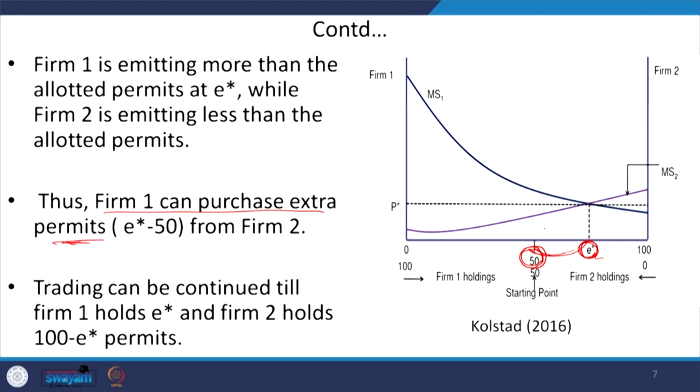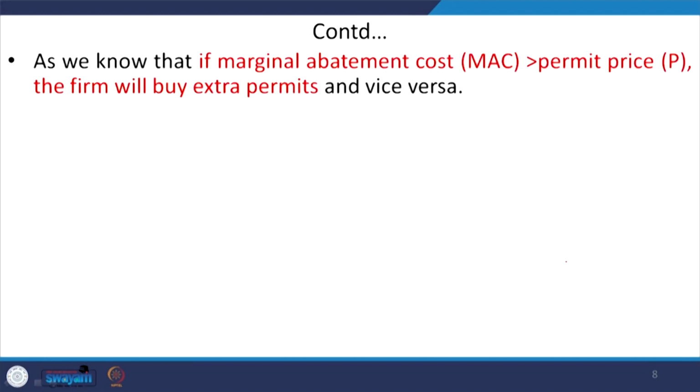This trading procedure can continue till farm 1 holds E star permits, and farm 2 holds 100 minus E star permits. Till this point is restored, the transaction can be continued.